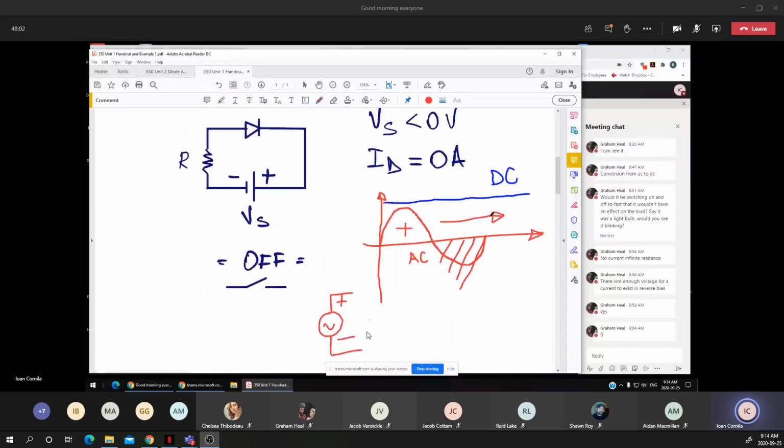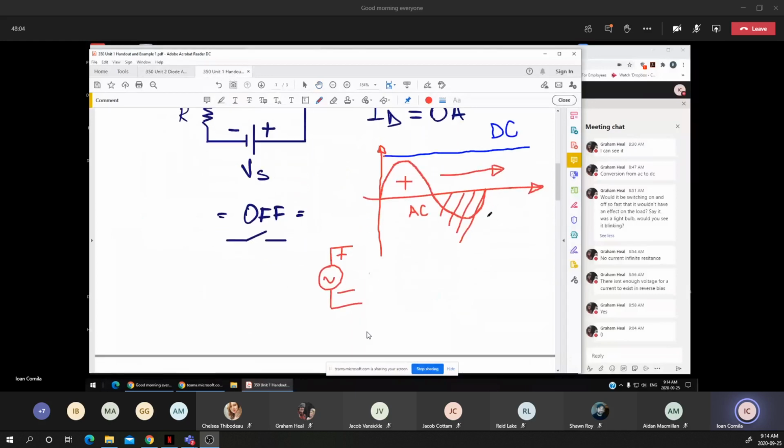I may ask, what will be the change in this diagram if the diode is reversed? Based on the last diagram, I may use a different color, let's say green. If the diode is reversed, I still obtain a DC voltage.